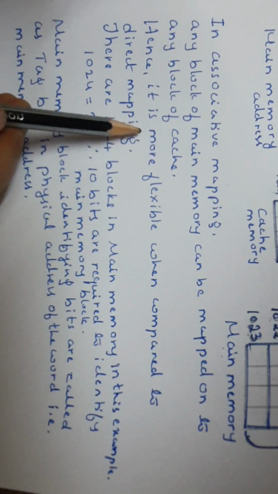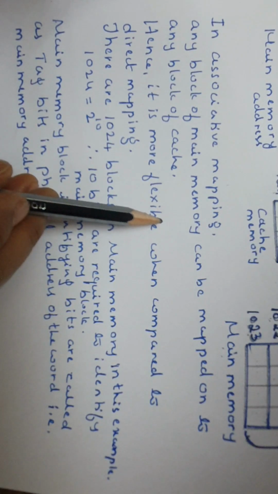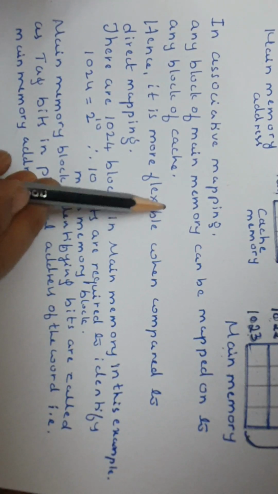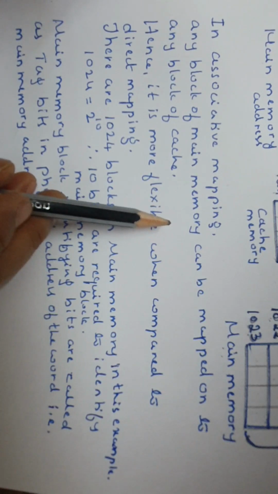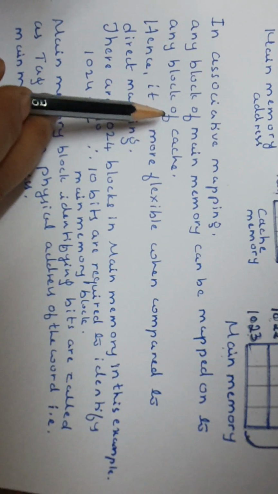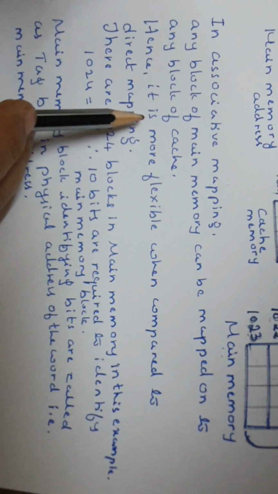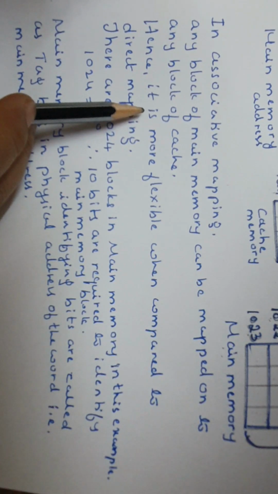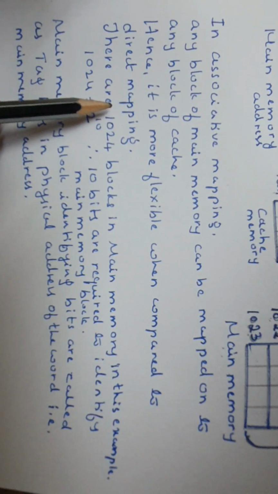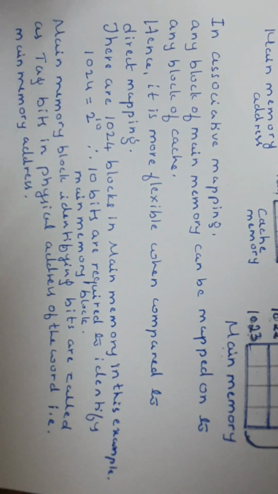When the processor asks for a word by sending the physical address of the word in main memory, the block containing that word is copied onto the cache. In direct mapping, the cache block number where a particular main memory block is copied is calculated by a formula and is fixed, but it is not fixed here.